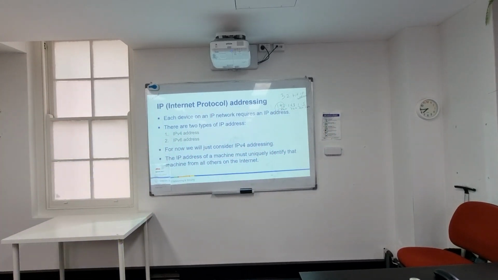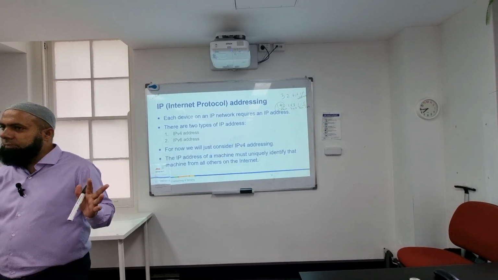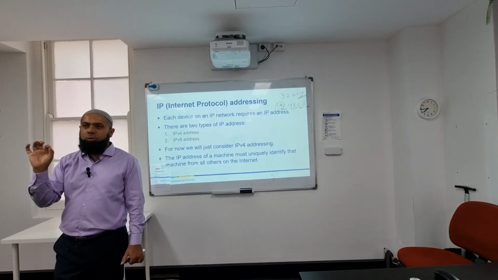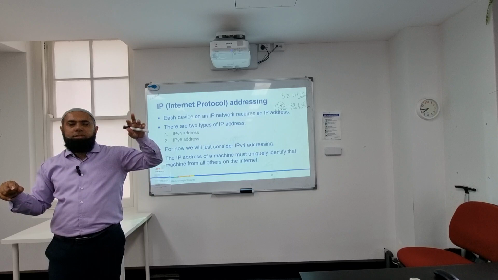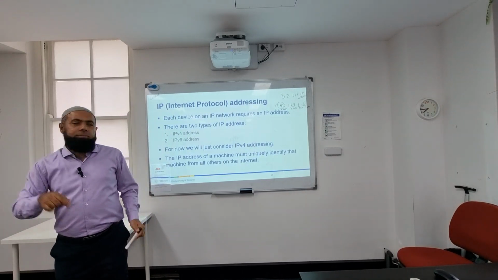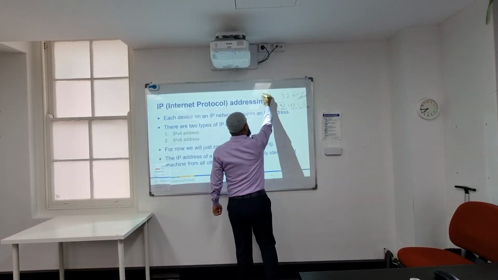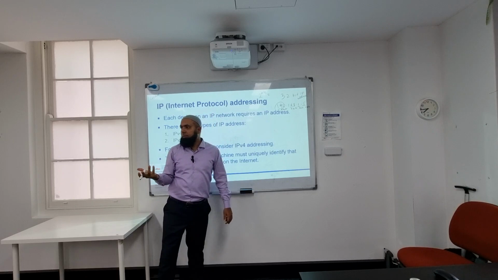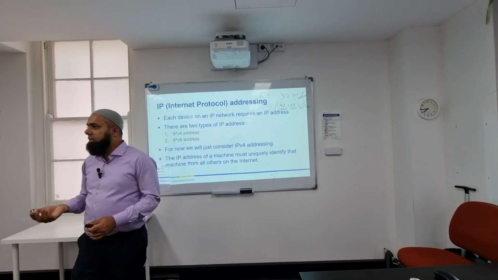So it means that if this whole world is one network where we are assigning every single computer a unique number, then 2 power 32 combinations could be possible, isn't it?